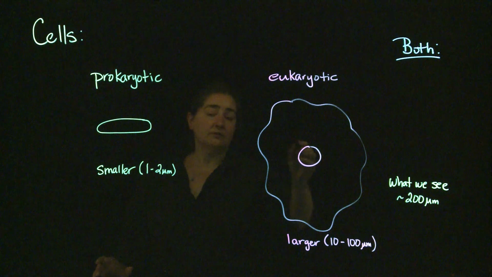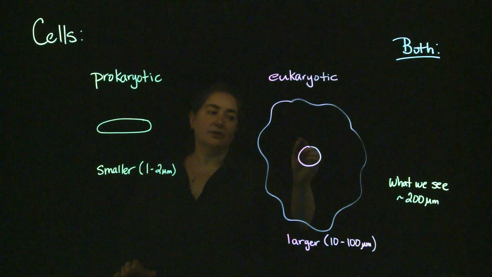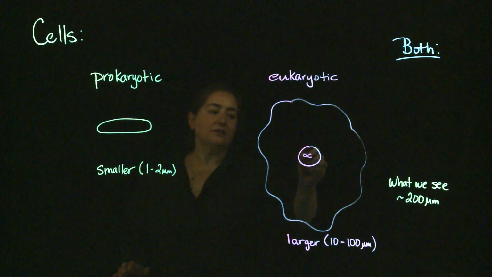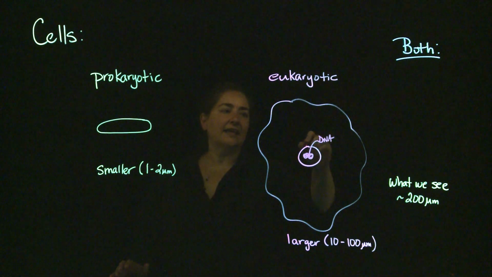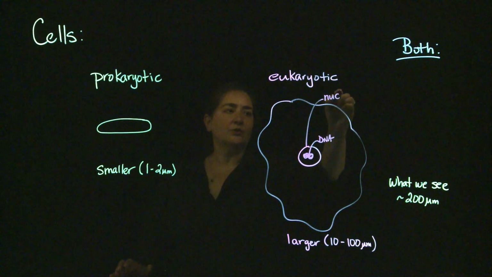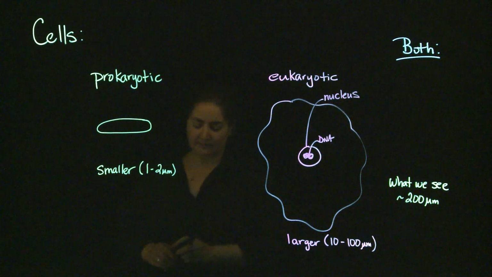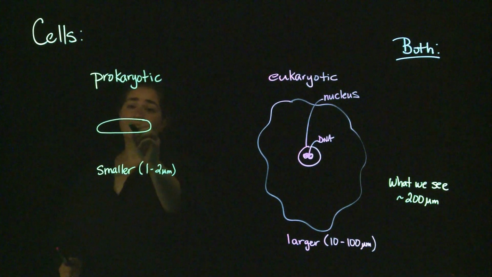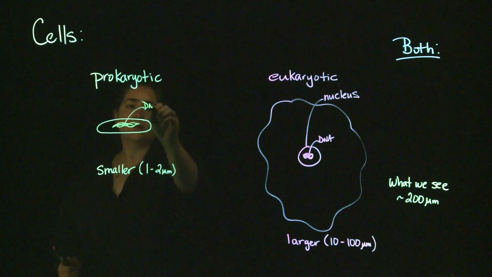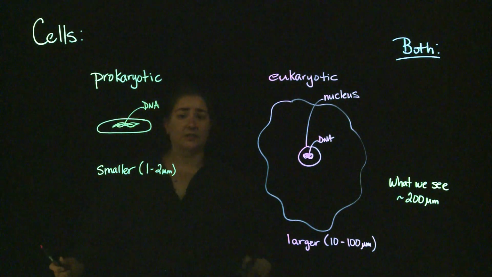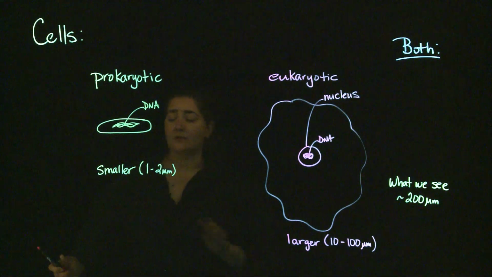Eukaryotic cells, we'll start with eukaryotic cells. Eukaryotic cells are going to contain the DNA within the nucleus, okay? Prokaryotic cells are not going to have a nucleus that contains the DNA, okay?